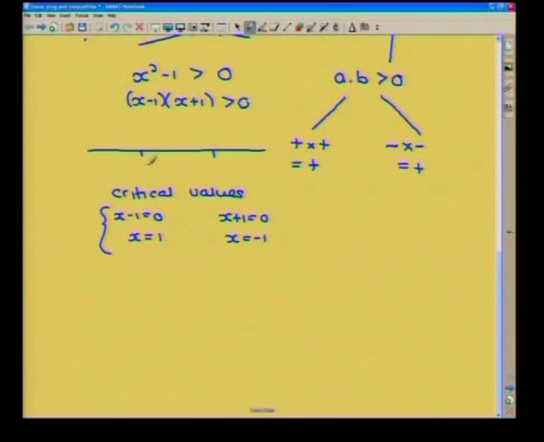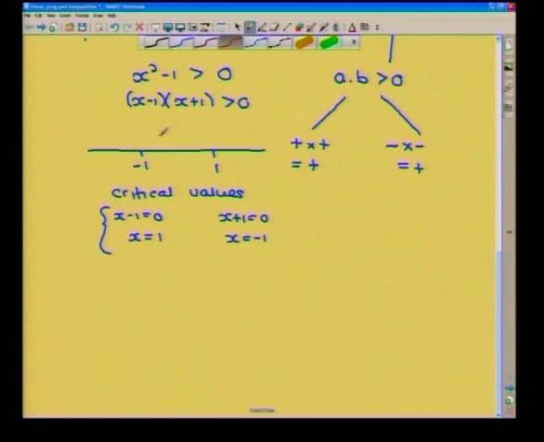The one that happens first is the minus 1, and the one that happens second is the plus 1. Right, now once we're here, we do a testing of values. So we go along here and we say, let's choose a number smaller than minus 1. Well, minus 3 is a good one. So let's use minus 3.